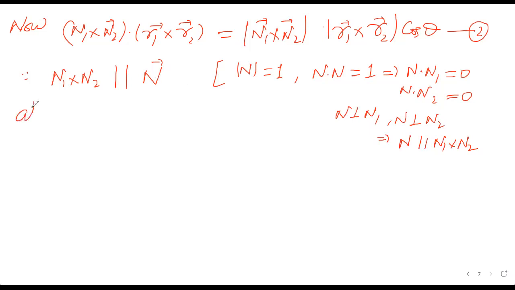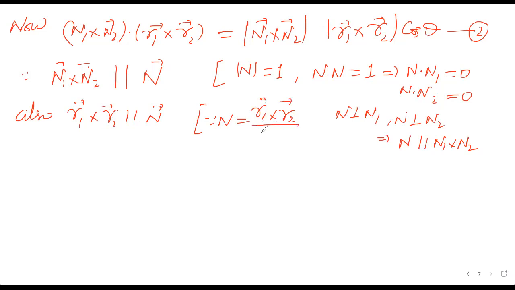And also r1 cross r2, it is also parallel to n. Why? क्योंकि आपको मालूम ही है n का फॉर्मूला क्या है? r1 cross r2 upon mod of r1 cross r2. ये तो होता है फॉर्मूला. It means what? It is your root g.